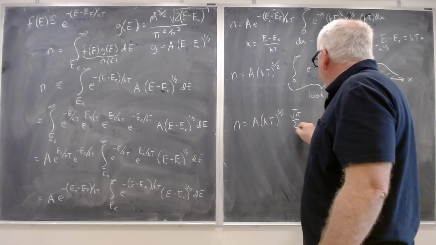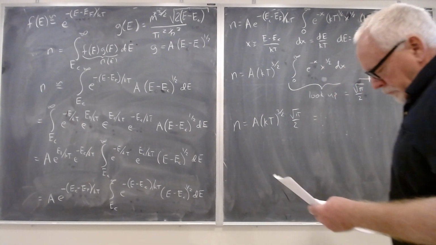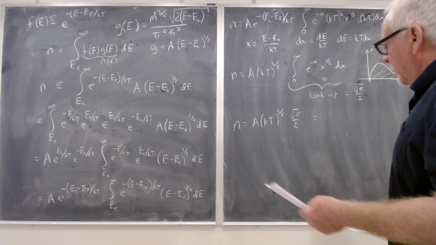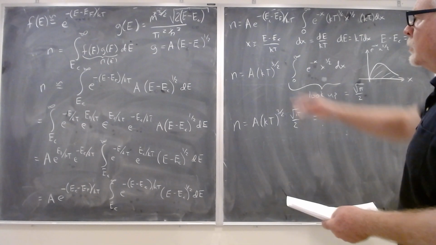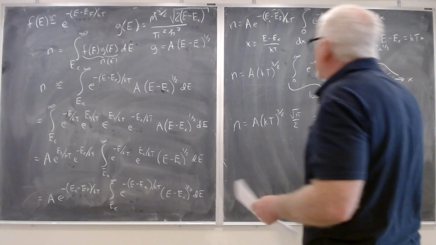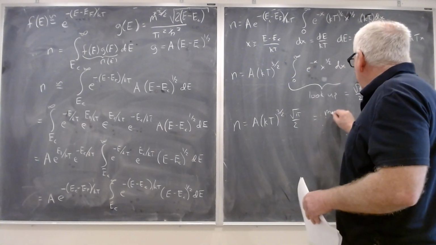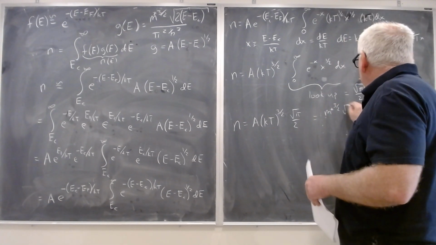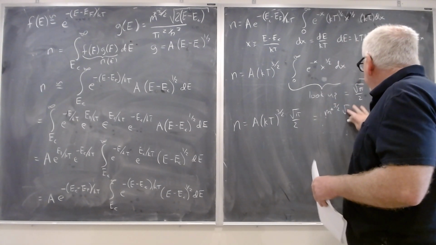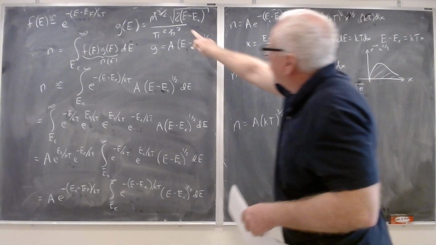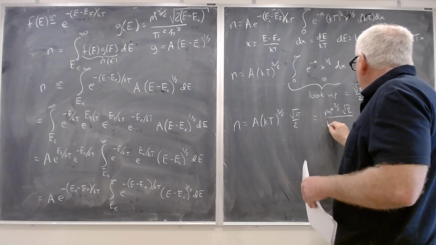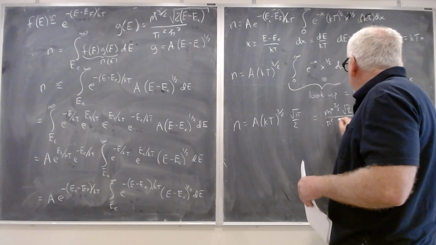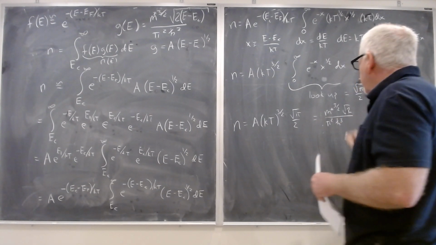And now if we plug in A there, so that's m star to the 3/2 square root of 2 over pi squared h bar to the third.